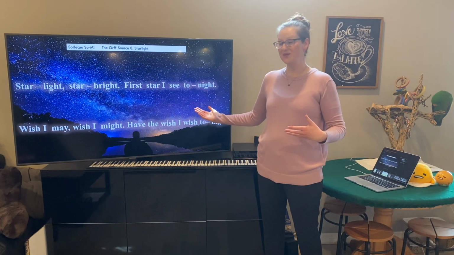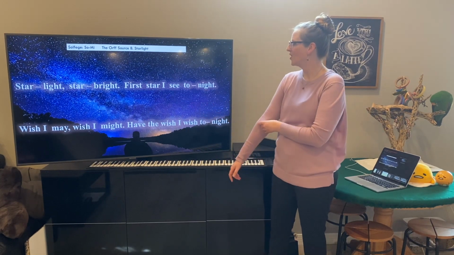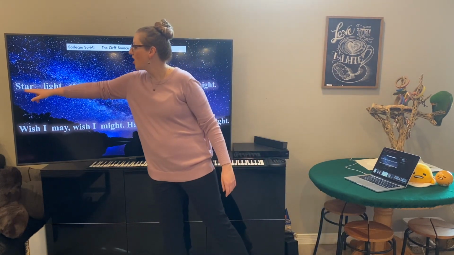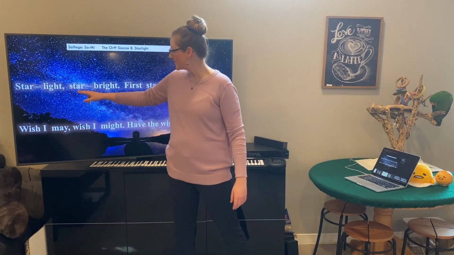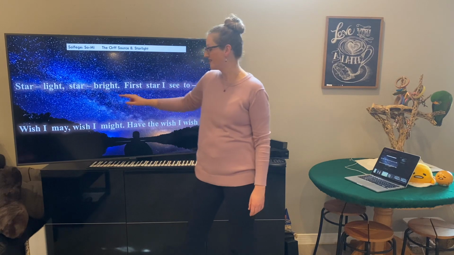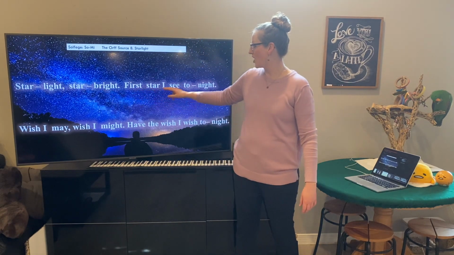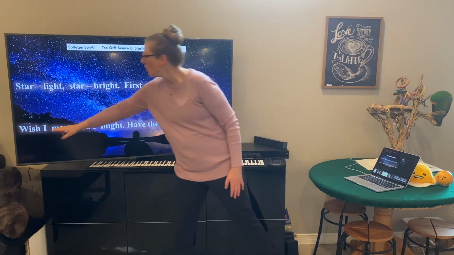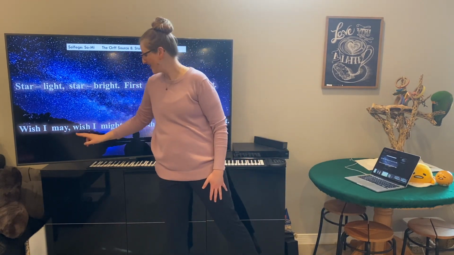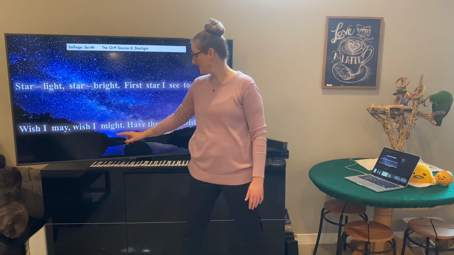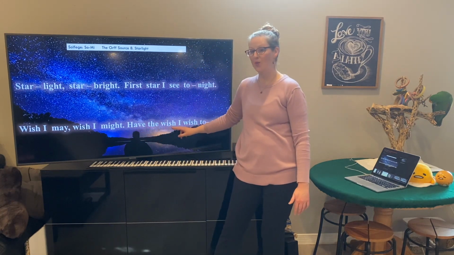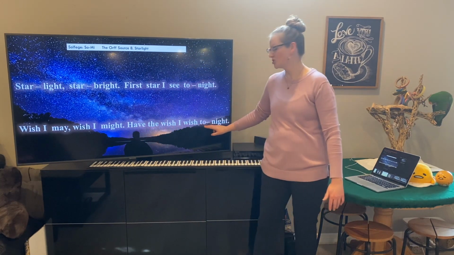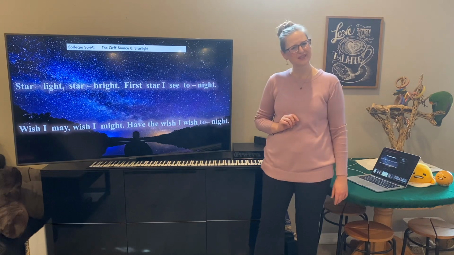So here are the words to our song. Starlight, star bright, first star I see tonight. Wish I may, wish I might, have the wish I wish tonight. Can you say that with me?